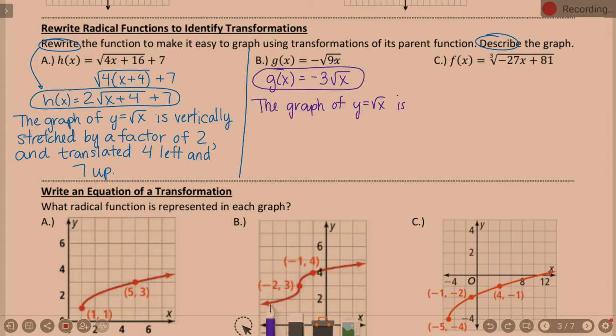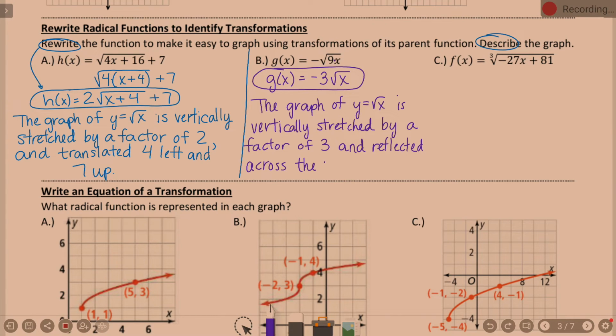Okay, so let's see, I'm going to go ahead and say vertically stretched by a factor of 3 and reflected across the x-axis.